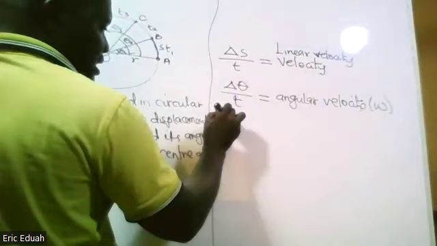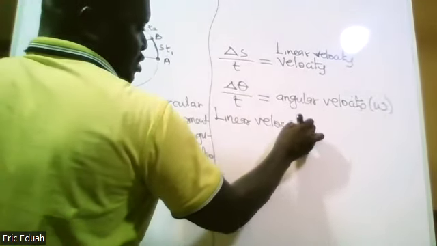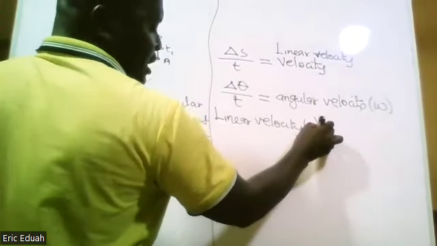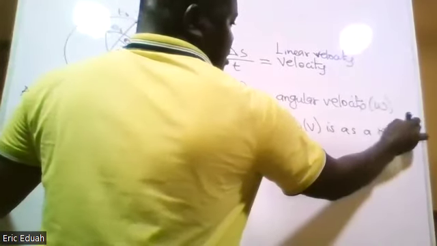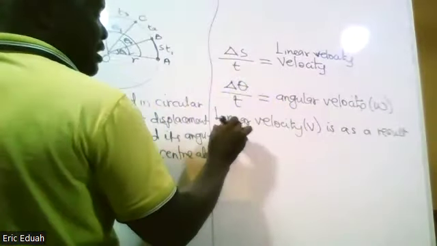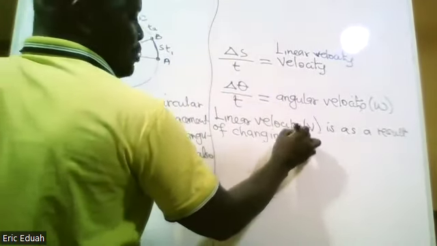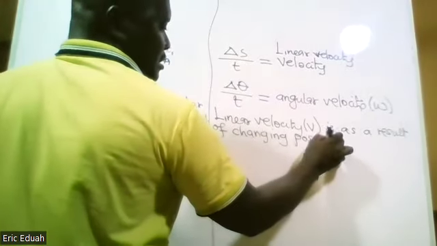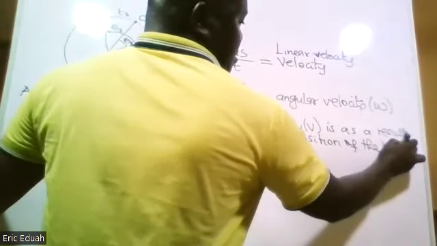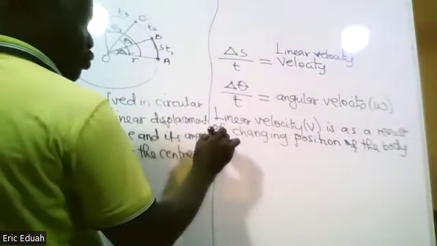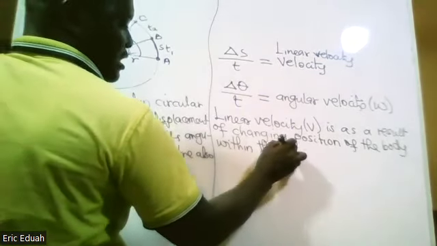Or linear velocity v of the body is as a result of changing position of the body within the circumference.